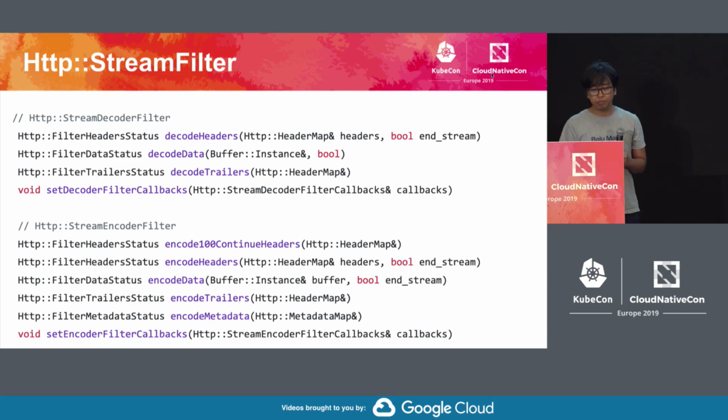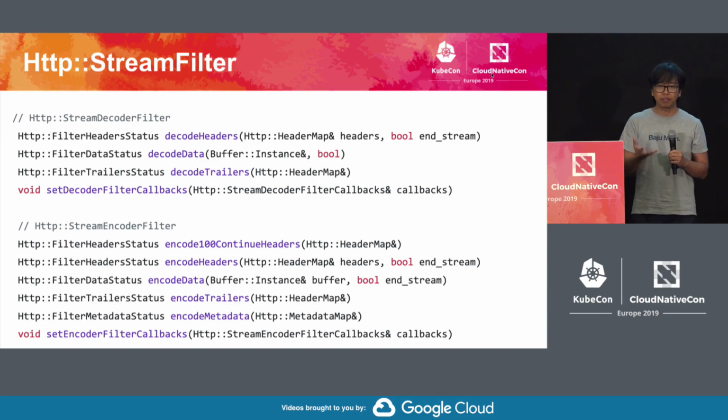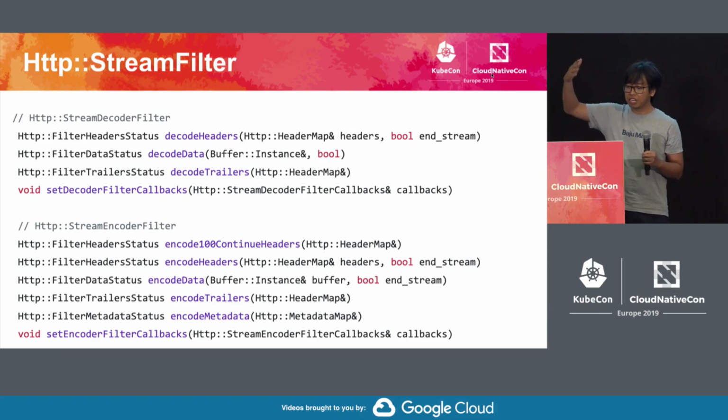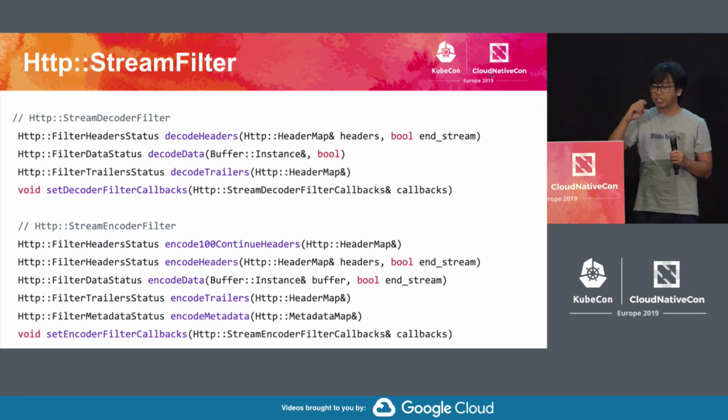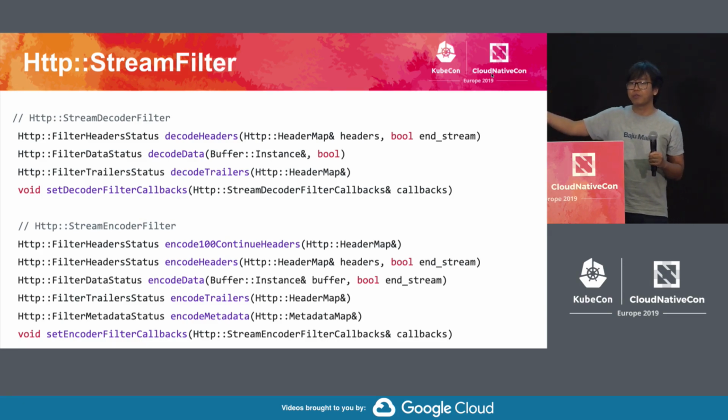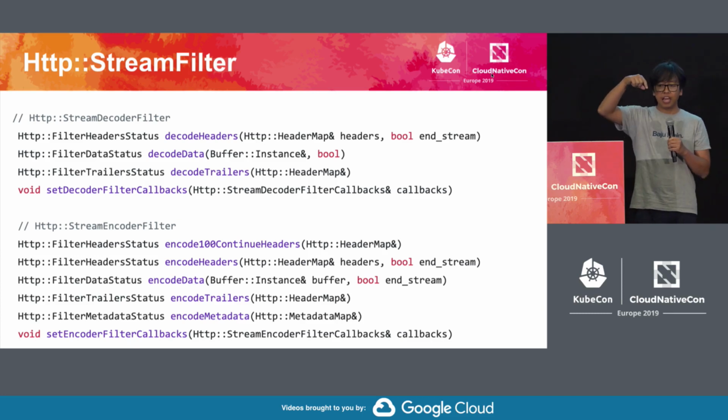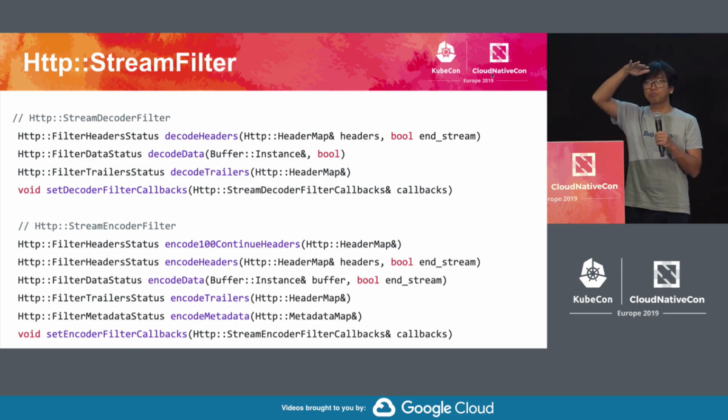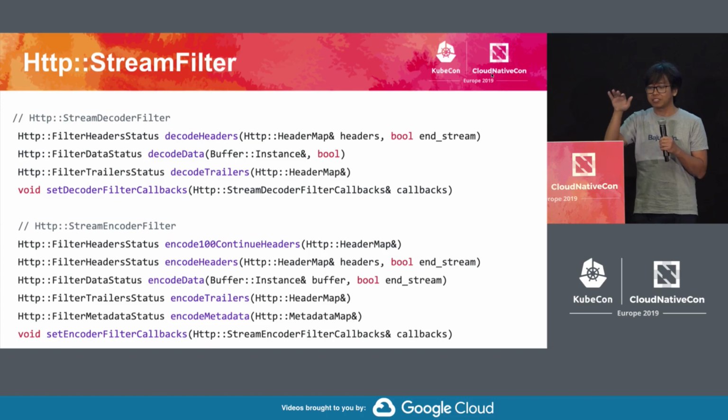In the HTTP stream filter, we have several things to be overridden. The first one is decode headers. Decode is when the data comes inside Envoy. So when you have an HTTP request coming inside Envoy, you do decode headers, see what is inside the headers, and then you can decide what to do when you see certain headers.